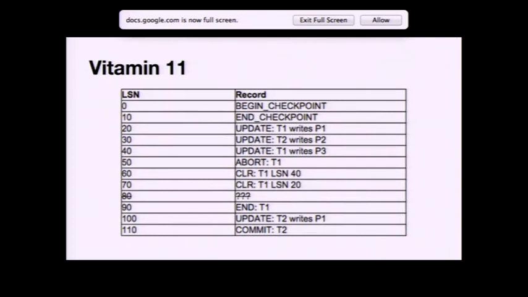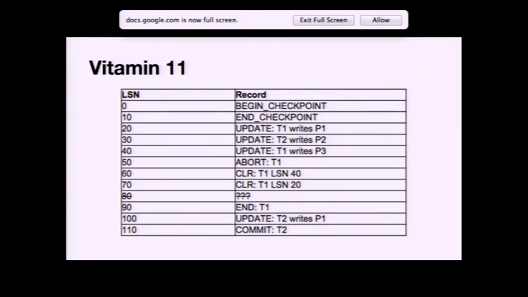Okay. I'm going to refer to questions 5, 6, and 7 on Vitamin 11. This is the log that was given on the Vitamin. You assume that all of these actions occur, and then your system crashes. Essentially what happens is you say begin checkpoint and end checkpoint.